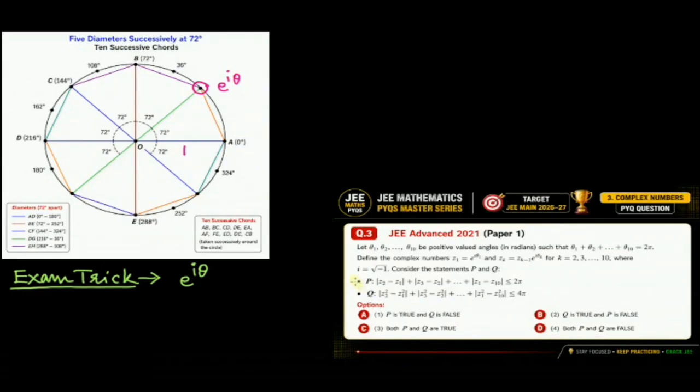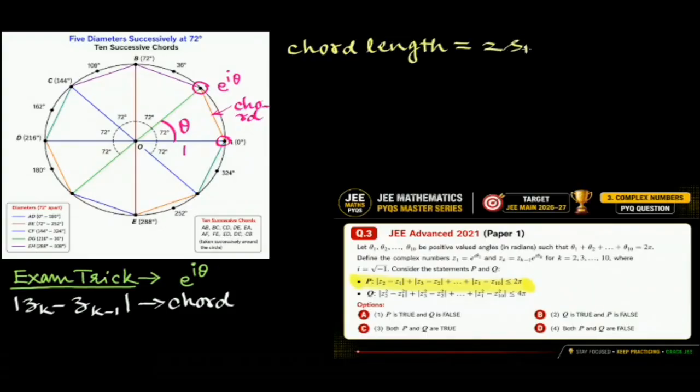Now let us prove the statement P. We know that mod zk minus z(k minus 1) is simply the chord joining two consecutive points on the unit circle. Now recall an important identity. For two unit circle points separated by angle theta, their chord length equals 2 sine theta by 2.